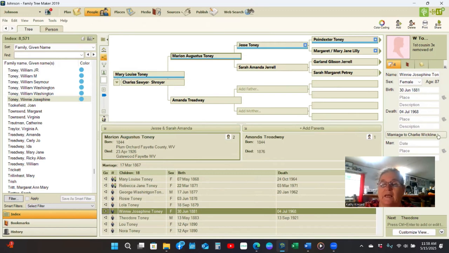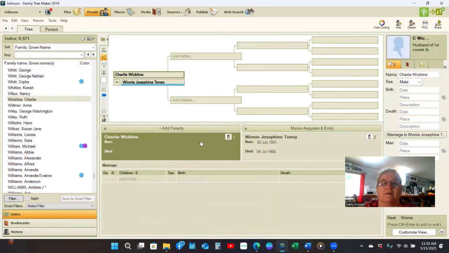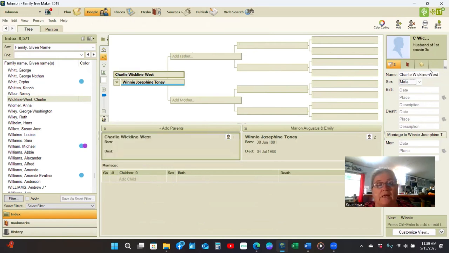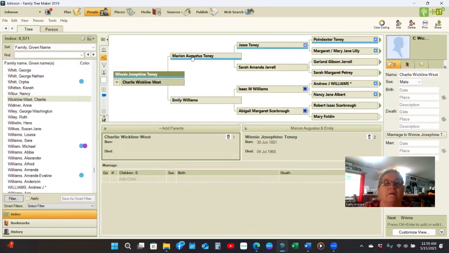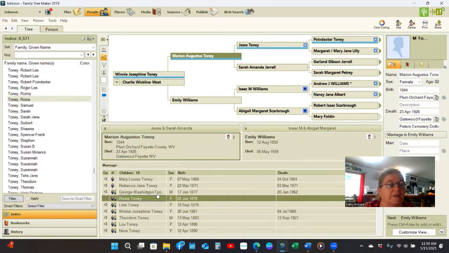Josephine Tony married. See, this one is saying that is Wickline, but her thing is also saying West. So we're going to put West behind it. That way, no matter which one I come up with that says that's her husband, I can just delete the name off of it. Okay, so let's go back up here and see if we can find a Rosie Ellen.